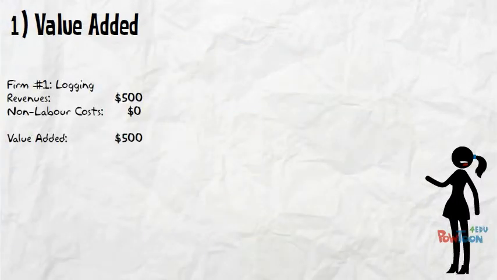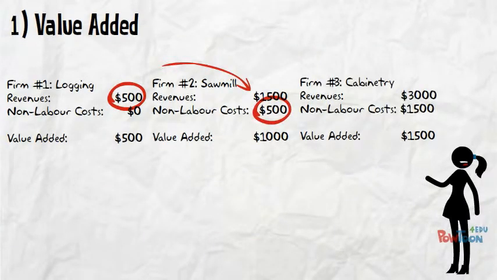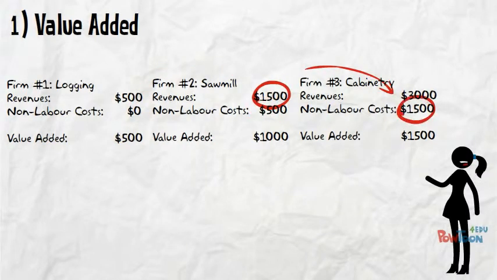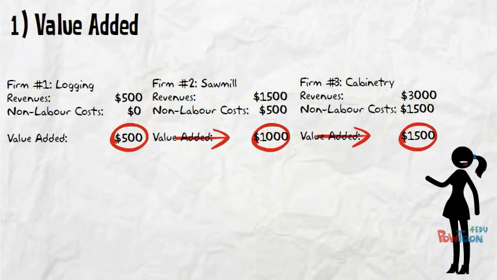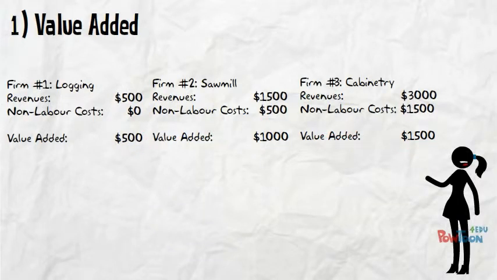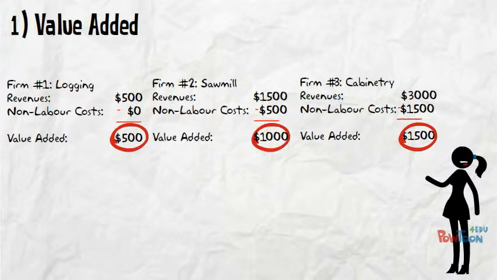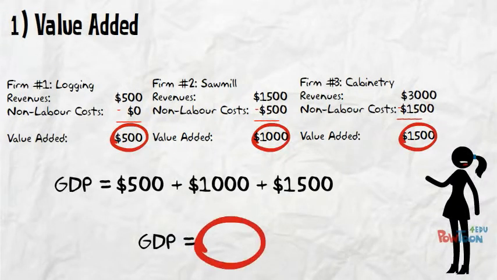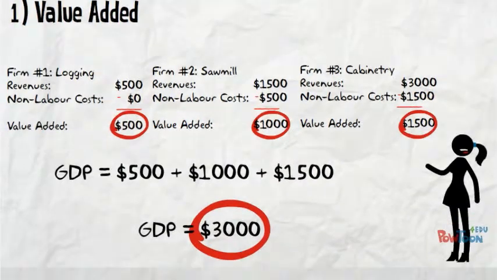Production occurs in stages. Most firms produce outputs that are other firms' inputs, each firm adding value to production of the total output. Each firm's value added being equal to revenues minus non-labor costs. Thus, total output, GDP, is the sum of each firm's value-added contribution.